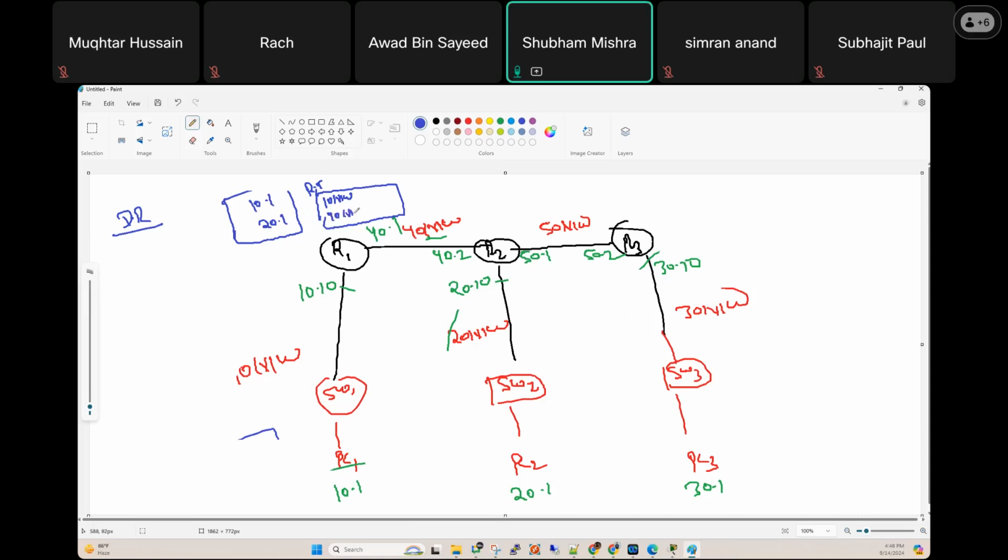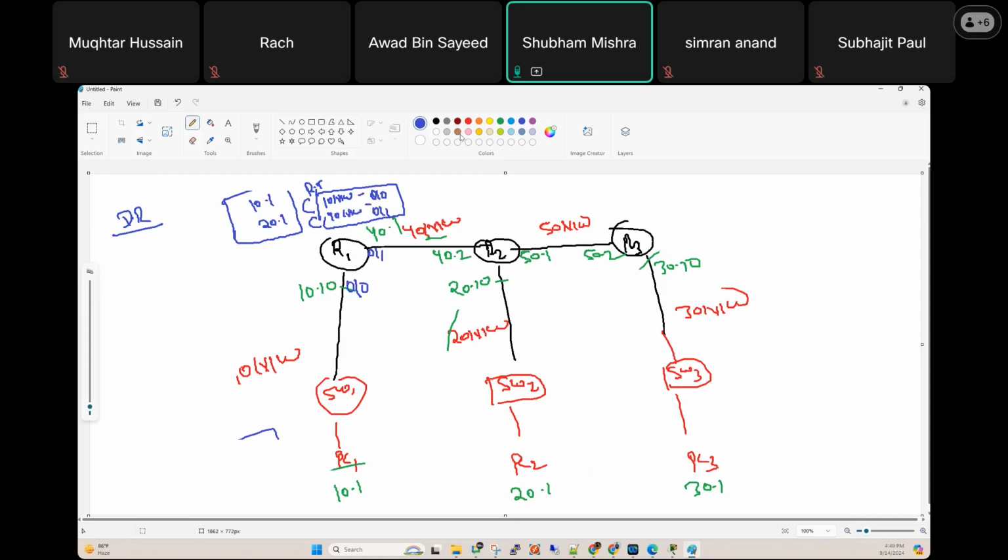Because with R1, how many networks are right now directly connected? 10 and 40. C means directly connected. It means the 10 network is connected with, let's suppose, FastEthernet 0/0, and the 40 network is connected with 0/1. Is it fine or not?